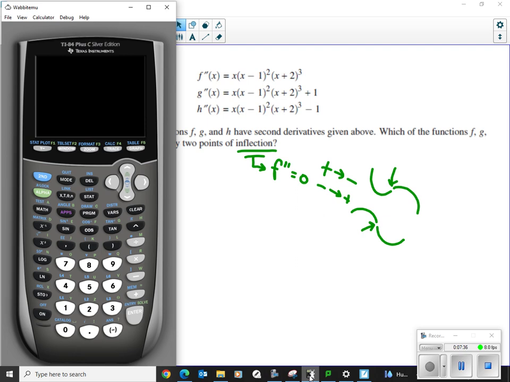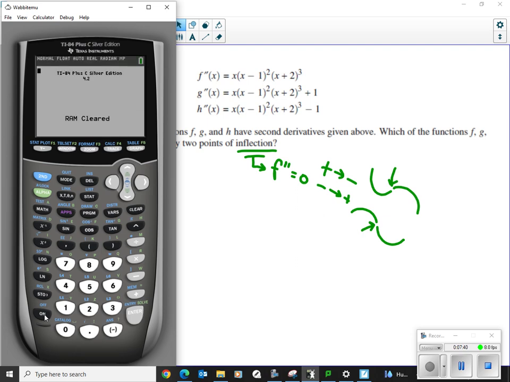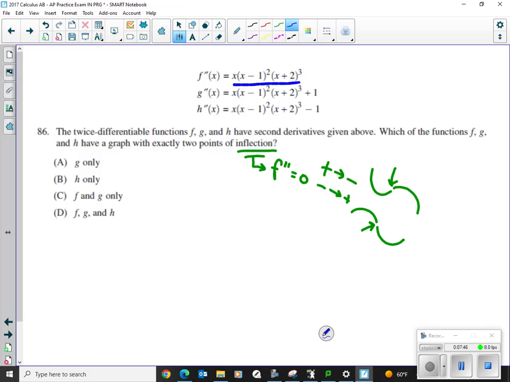So what I'm going to do, because we get the calculator in this section, is graph all 3 of those. And I'm going to kind of cheat, because that's a lot of typing to put in a calculator. I'm going to put this right here into y1. And then in y2, notice that this is exactly the same.